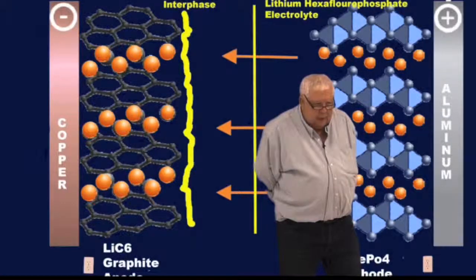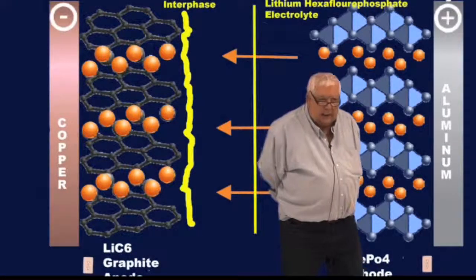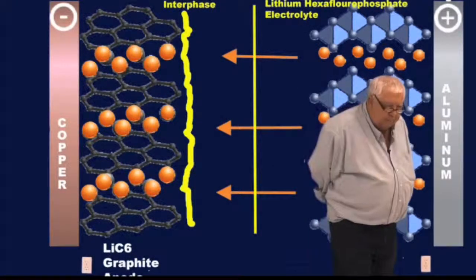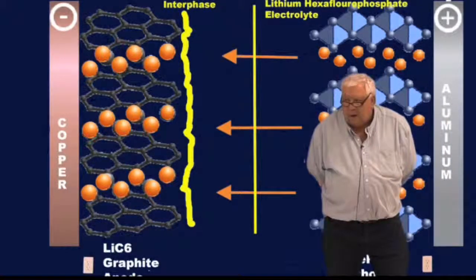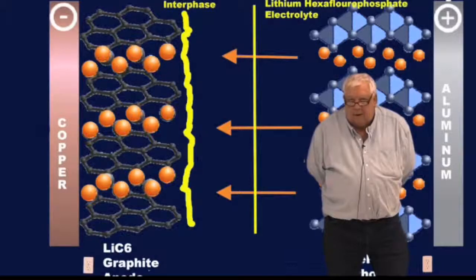Historically, a fascinating guy named Dr. James Goodenough, working with Sony in 1990, developed a lithium cell using lithium cobalt and the first graphite or carbon anode.